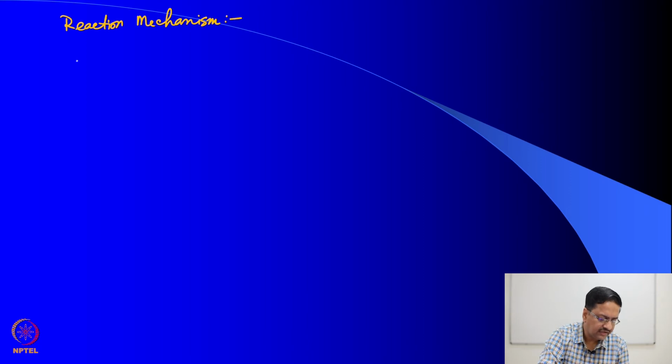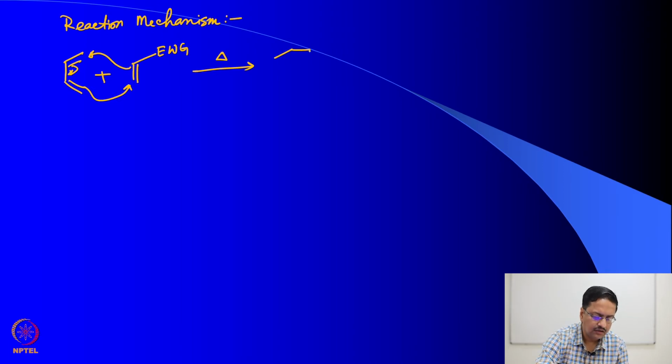As I already indicated using the arrows which indicate the movement of electrons, the reaction happens in a concerted mechanism and a product, an adduct, which is this, is formed.